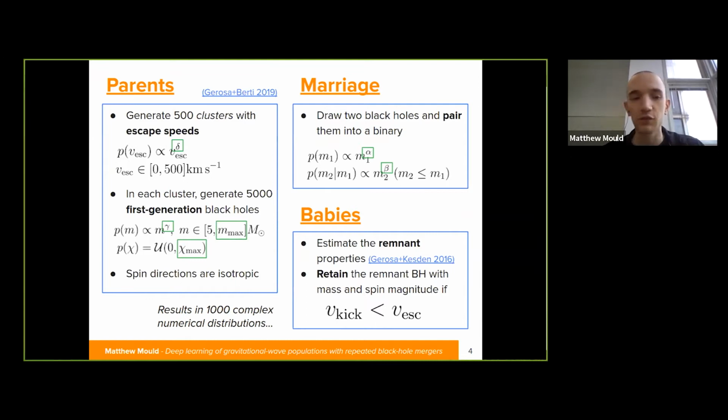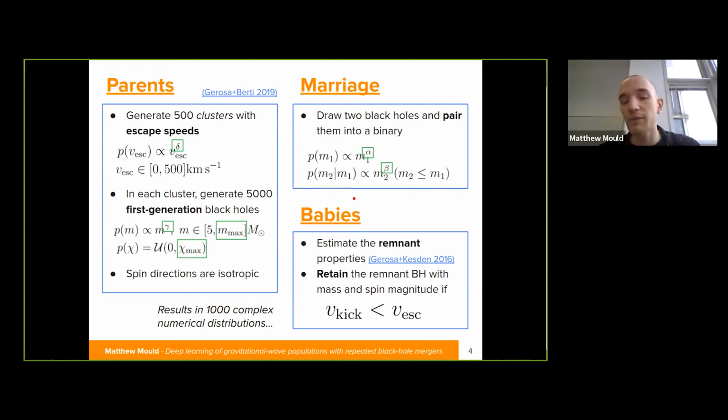And in each of those clusters, we generate 5,000 seed black holes from a power law mass function with some upper cutoff, and the spins are generated uniformly in magnitude and in direction, again with some upper cutoff in the spin magnitudes. And then we pair individual black holes into binaries with some power law pairing probabilities. So these 6 parameters I've highlighted in green are the 6 key parameters that we're going to target and try to constrain with a population inference.